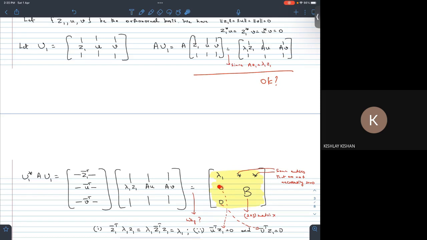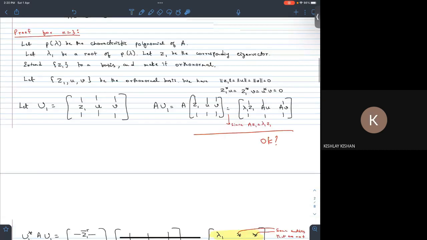What will be this entry? Why is this 0? Anyone wants to say why this is 0? It will be U conjugate times lambda 1 Z1, and since U and Z1 are orthogonal, this will be 0. Yes, because they are orthogonal.